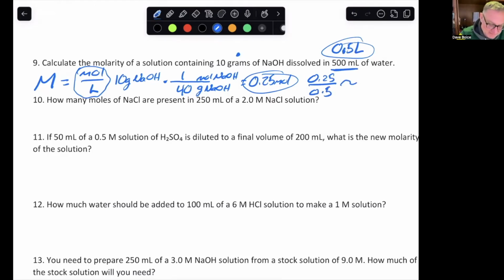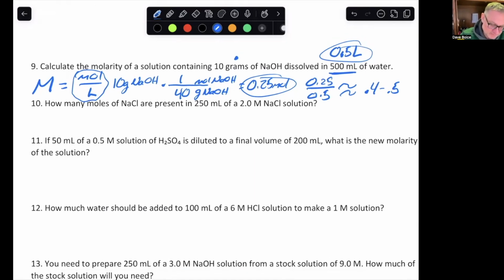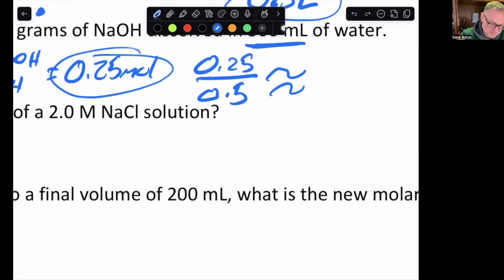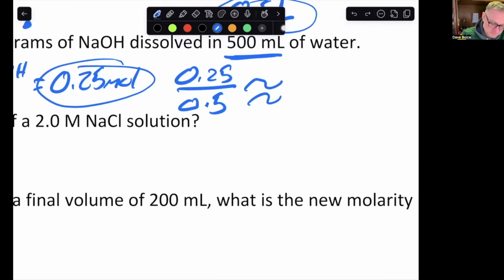Okay, and that's going to come up to right about 0.5 molar.